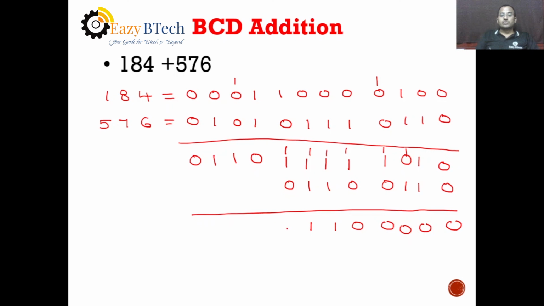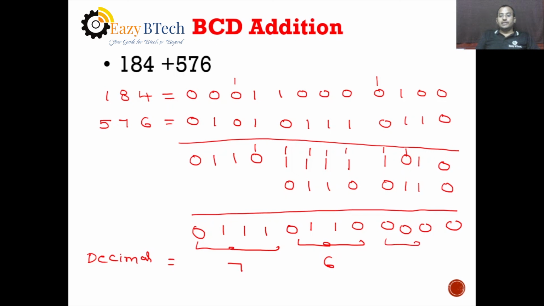Again we have 2 ones, so sum 0 carry 1. So here it is 0111, 0110, 0000. Now all are valid BCD codes. What is the corresponding decimal equivalent for this? It is 7, this is 6 and this is 0, so 760. We'll cross check by adding both to see whether the answer is correct.